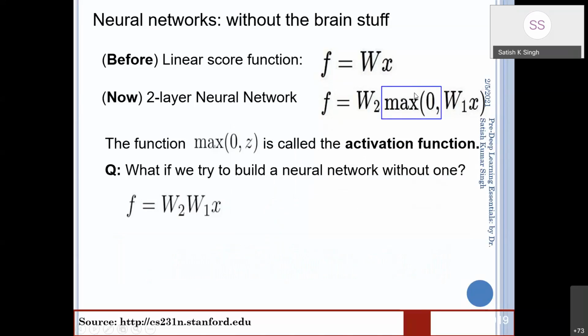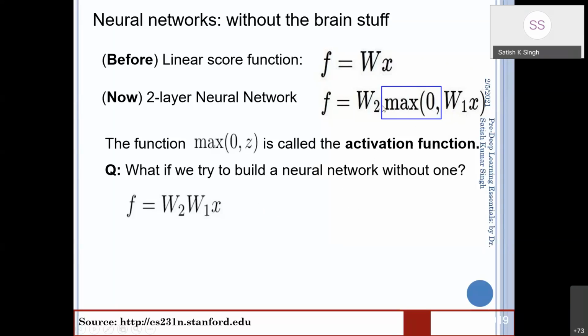That is, how can a neural network be converted into a linear classifier, when a neural network is a non-linear classifier? What is the correlation between linear and non-linear classification? Here, this is simply known as the activation function, which is non-linear in nature.